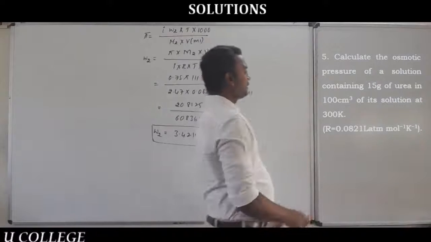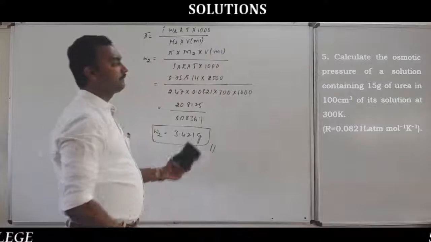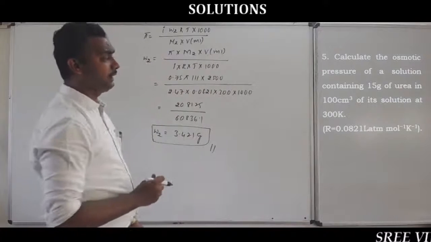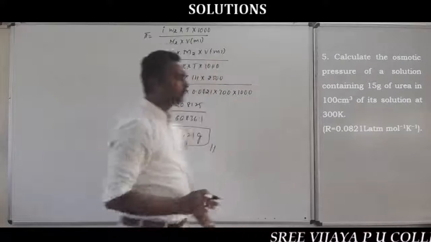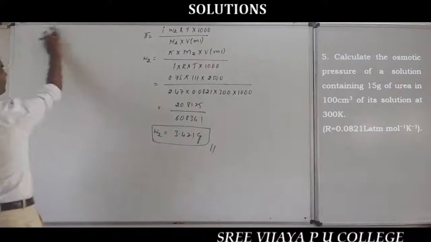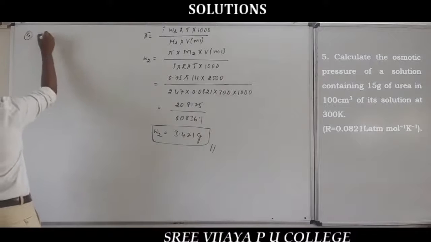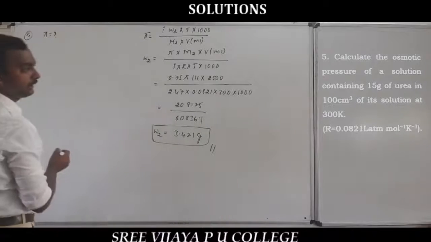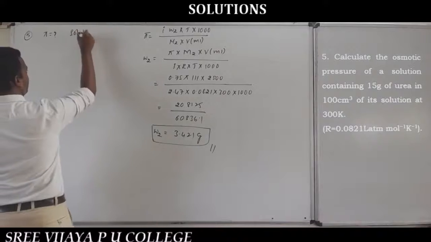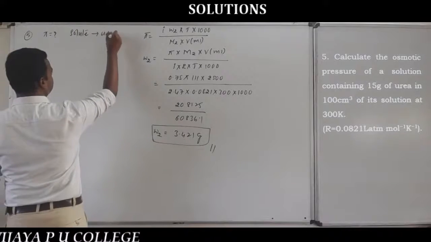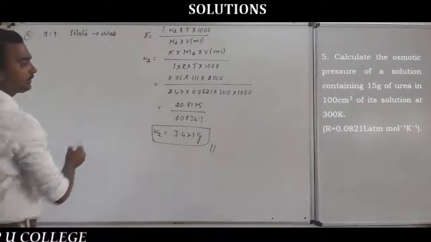Calculate the osmotic pressure of a solution containing 15 gram of urea in 100 cm cube of its solution at 300 Kelvin. This is a direct problem. Problem number 5: calculate the osmotic pressure. Which is the solute here? Solute is urea. How much solute is dissolved?